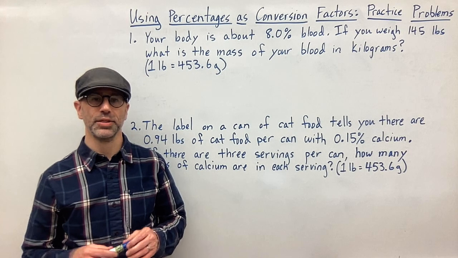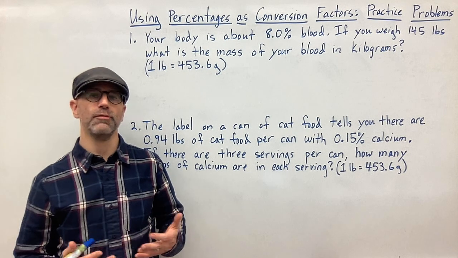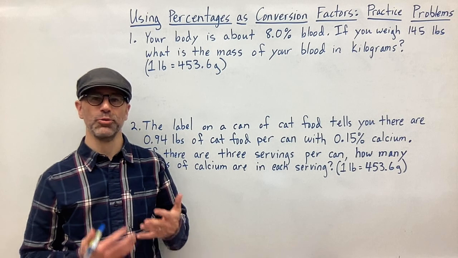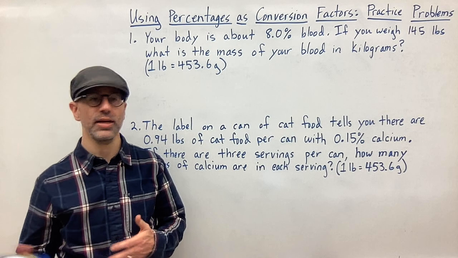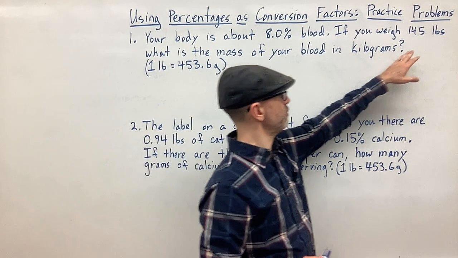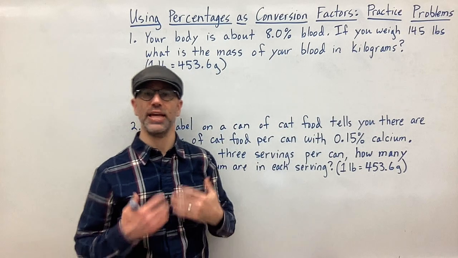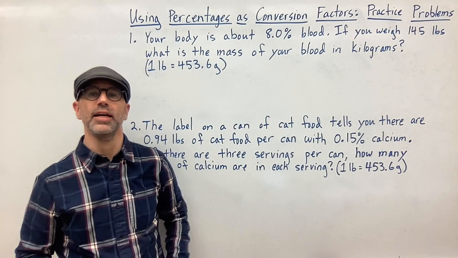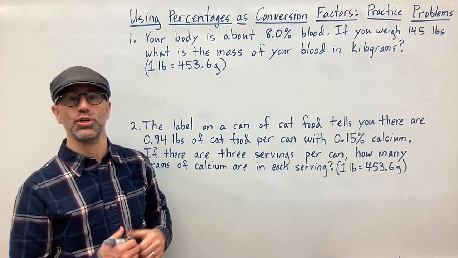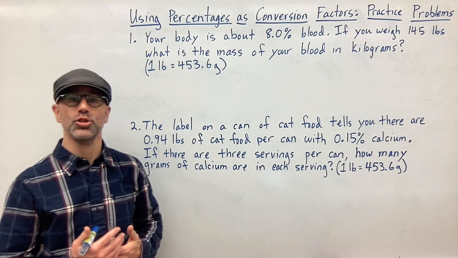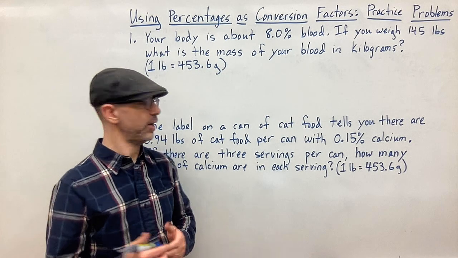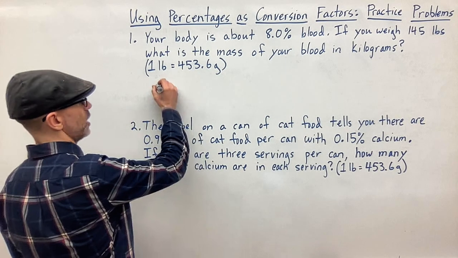That's going to be a conversion factor. So you're going to look for something that is not really related to any other thing. So this 145 pounds is just kind of sitting there. They give us this weight. And so we're going to start with that weight, and we're going to use everything else to convert to kilograms of blood.